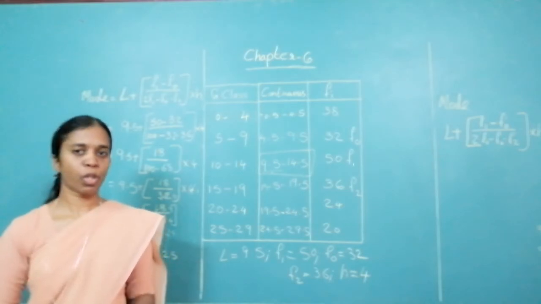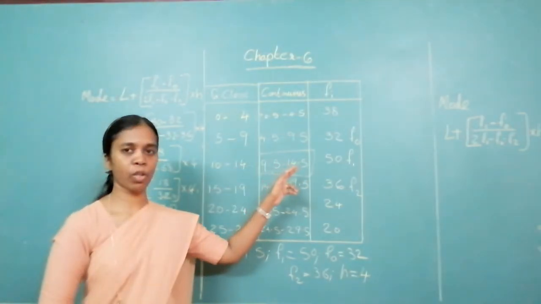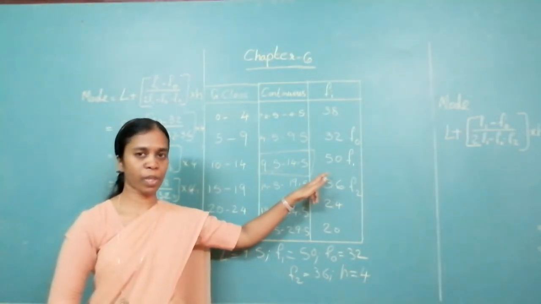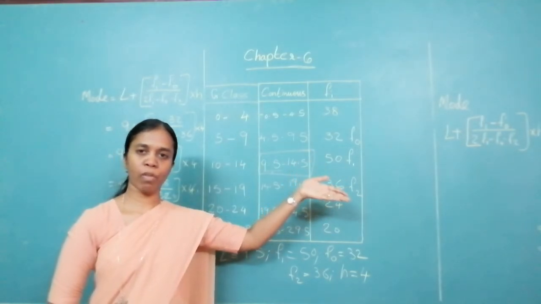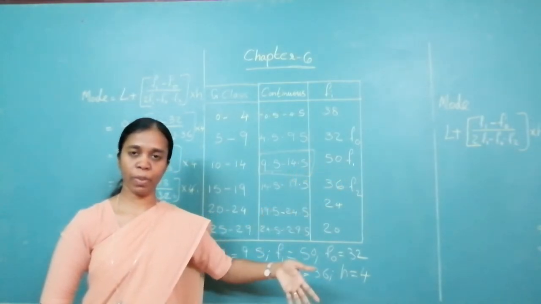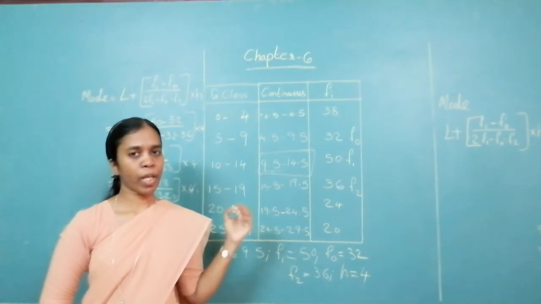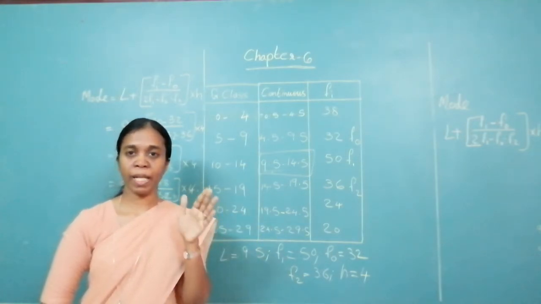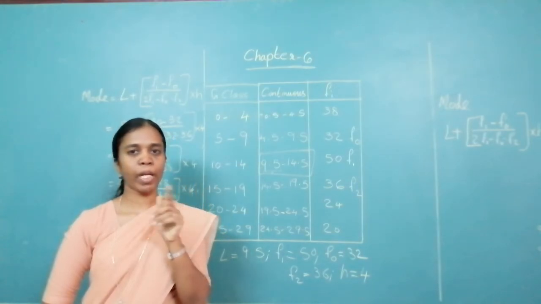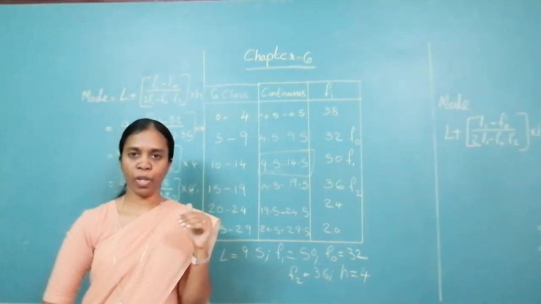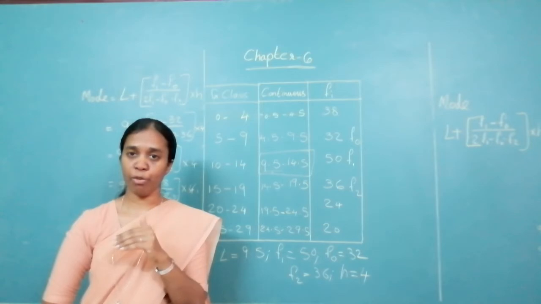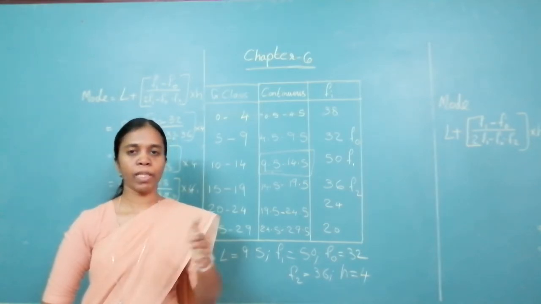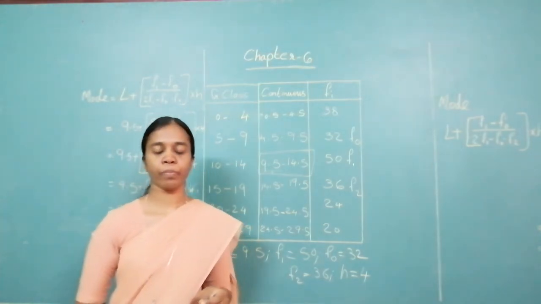First, you have to draw the table. You have to find out which is the highest frequency, that will be f1. One previous to that will be f0. One after that will be f2. Then you write the formula. What is the formula for mode? L plus bracket f1 minus f0 upon 2f1 minus f0 minus f2 into h. Please add that to your formula set.